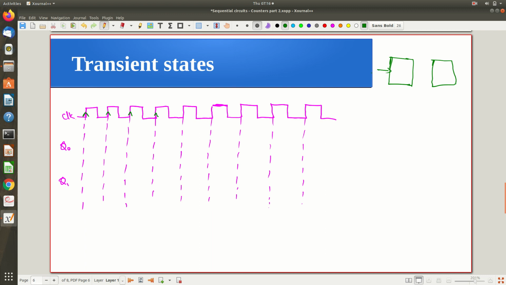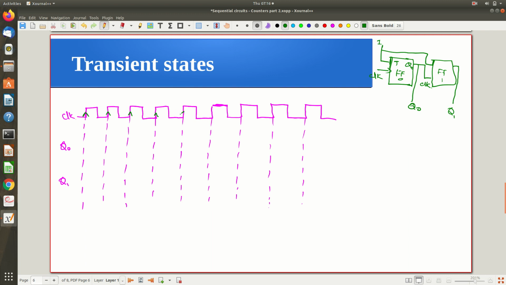For the first one we apply this clock, and for the second one the output Q0 is applied as a clock. You take out Q0 and observe it, similarly Q1, and you saw that Q1 Q0 together is doing the counting for you. This is flip flop 0 and this is flip flop 1, and high voltage is applied to both flip flops so that they are in toggle mode.